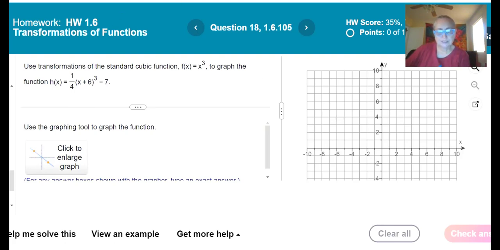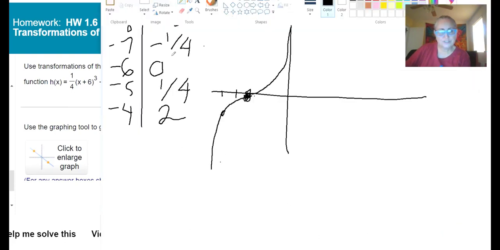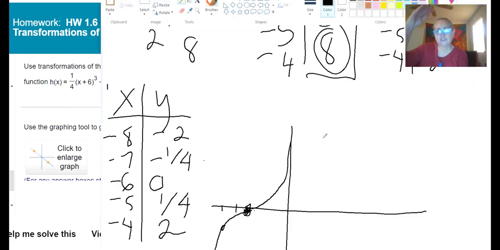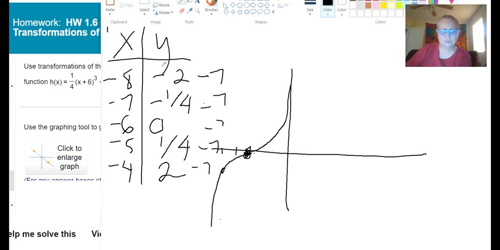So let's see. If we move these down by 7, that's changing the y's down by 7. So I've got to subtract a 7 from all of these. I'm going to do the ones where the arithmetic's easier to do. So let's just focus on these 3 points.